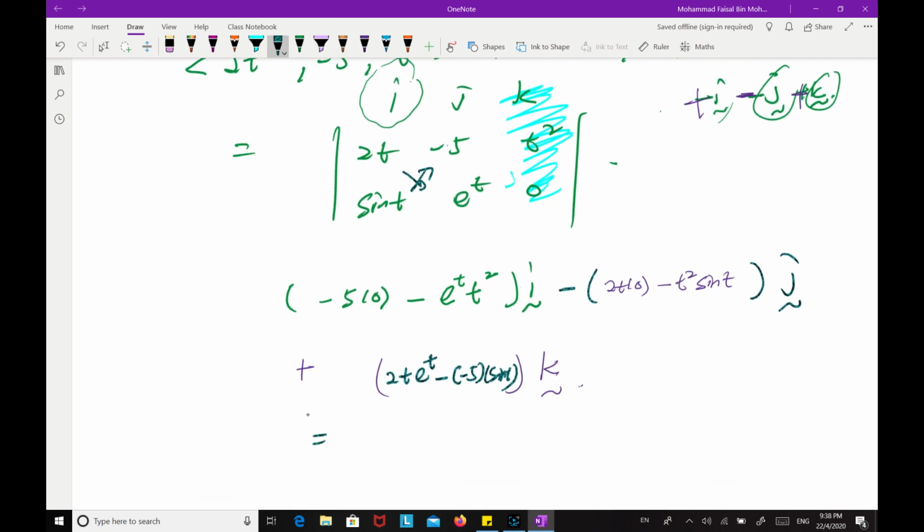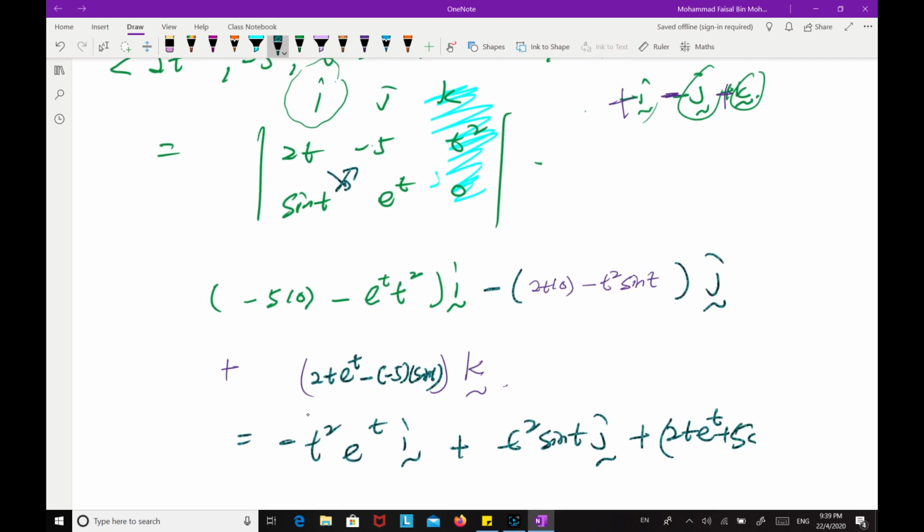So you will end up with negative t squared e^t i plus t squared sine t j plus 2t e^t plus 5 sine t k all together.